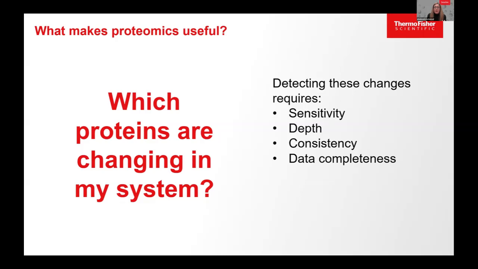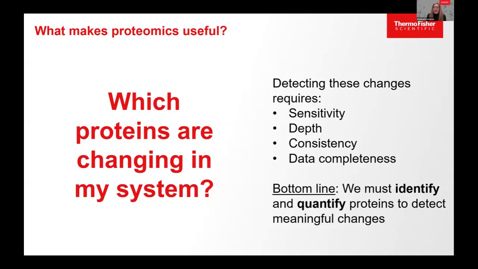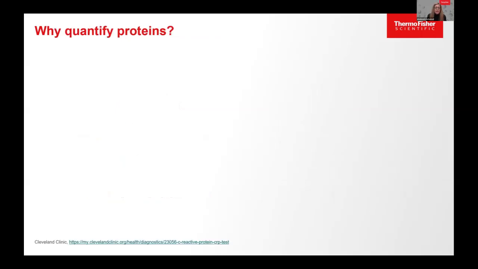Also, one thing that is really important these days is data completeness, because as more genomics and transcriptomics people come to use our facility, there are concerns about how complete our data is, because they have to be able to quantify across many samples. The bottom line is we need to find the best way to quantify proteins more accurately to be able to make a conclusion.